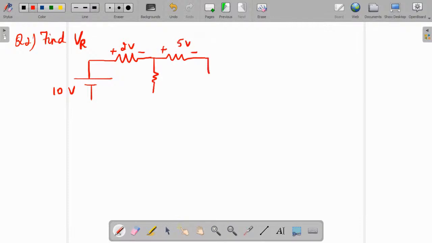In some places, if I have not given the resistor value, then that is not required for this question, so I would not have given it. So this is VR, resistance R. Okay, you have to find VR.